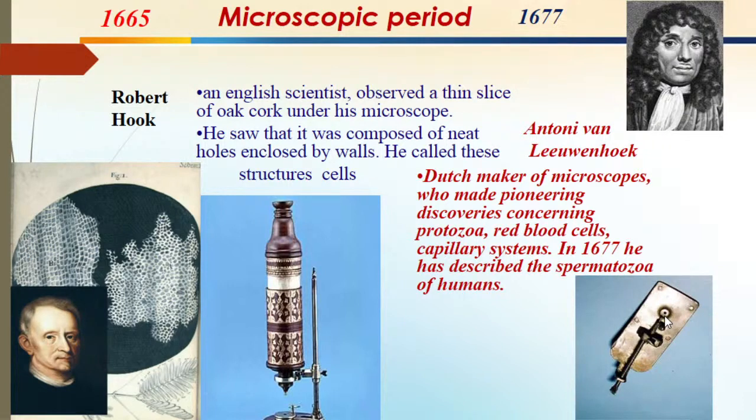But this lens magnified images 300 times, like modern laboratory microscopes. It was amazing. During his investigations he discovered protozoa, red blood cells, the capillary system, and it was especially interesting that the first spermatozoa of humans were described in Leeuwenhoek's works.